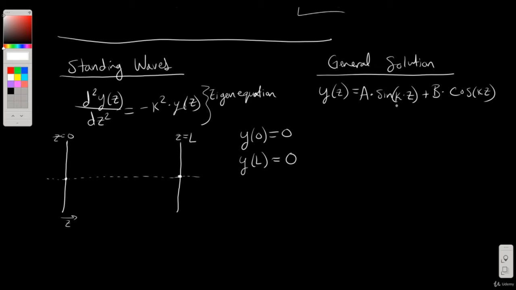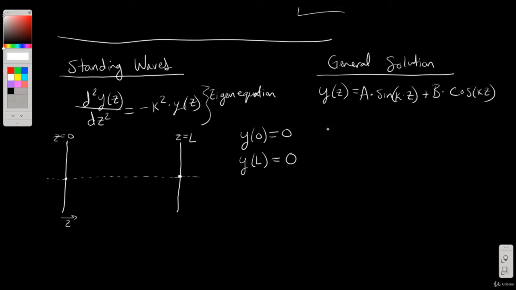I can define any wave at any given wave vector using this expression y of z. But of course, this is general, and so the question remains: how can we get a particular solution to this problem? The way to do that is simply to apply these boundary conditions.